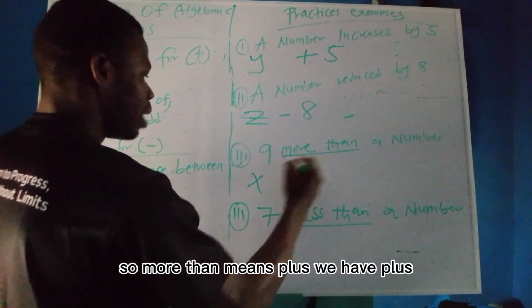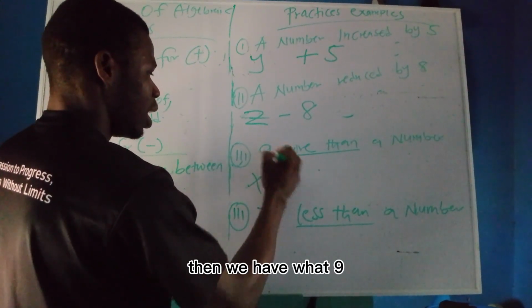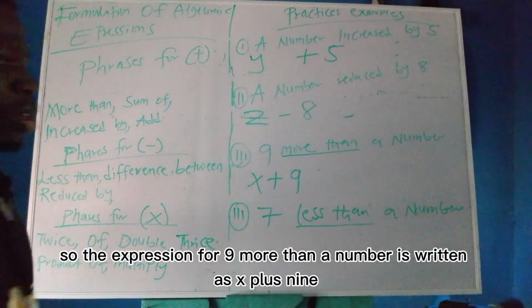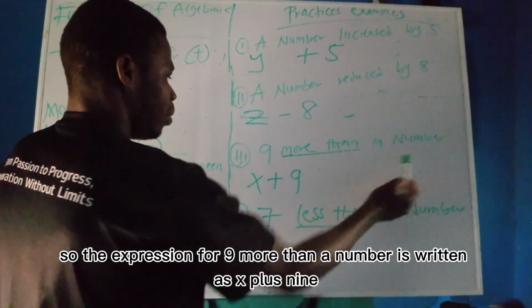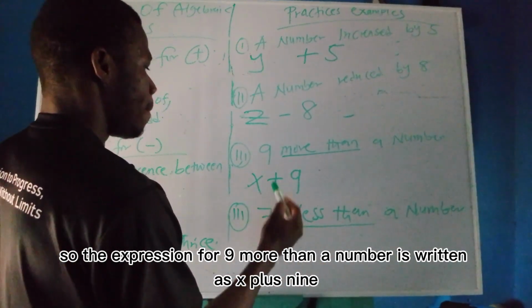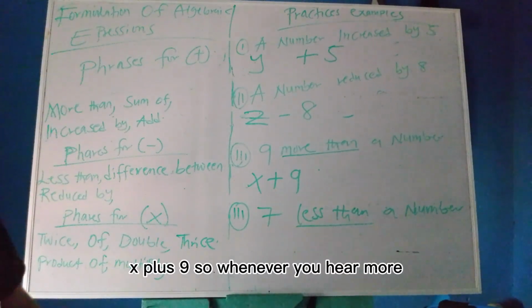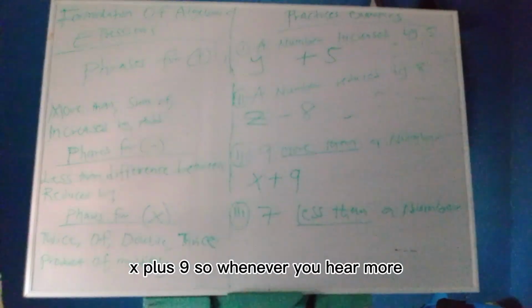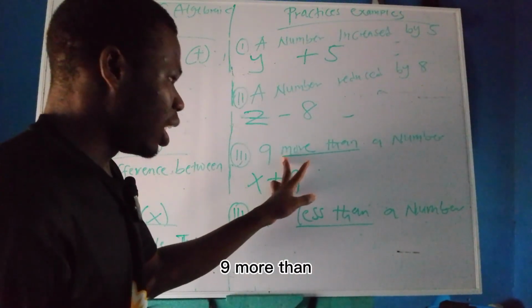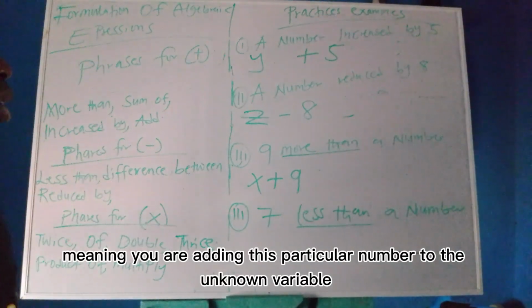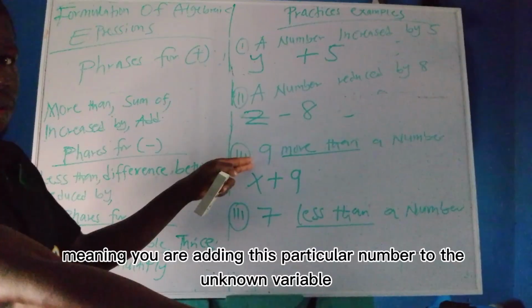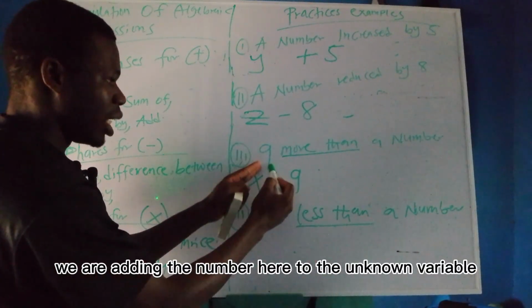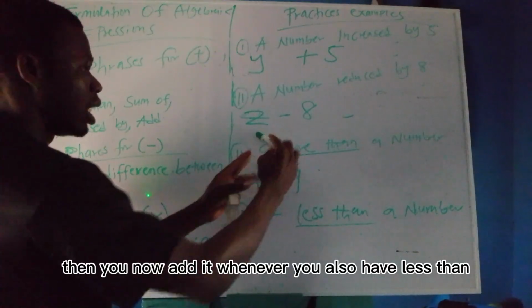So more than means plus, then we have 9. So the expression for 9 more than a number is written as x plus 9. Whenever you hear 9 more than, you are adding this number to the unknown variable. So you bring the unknown variable first, then you add.